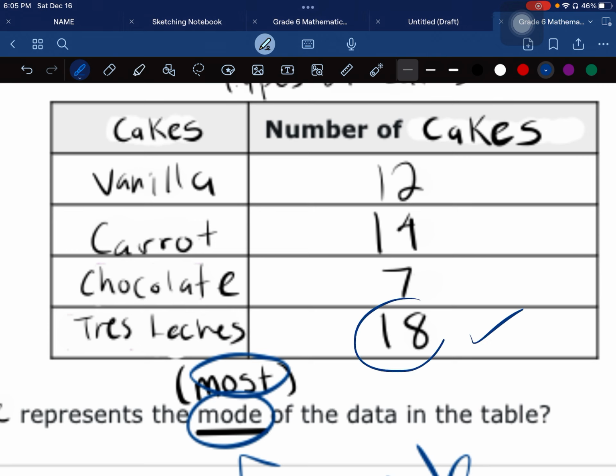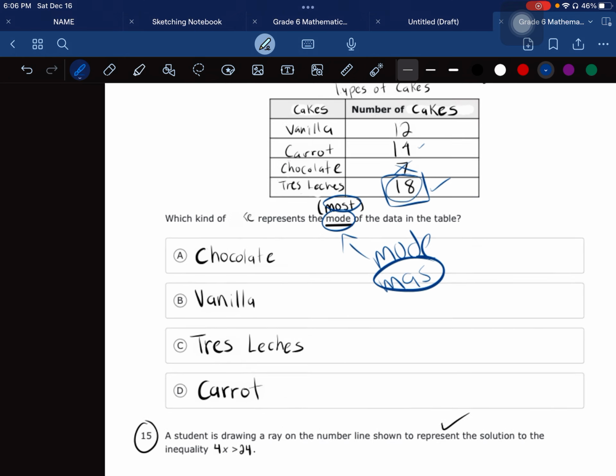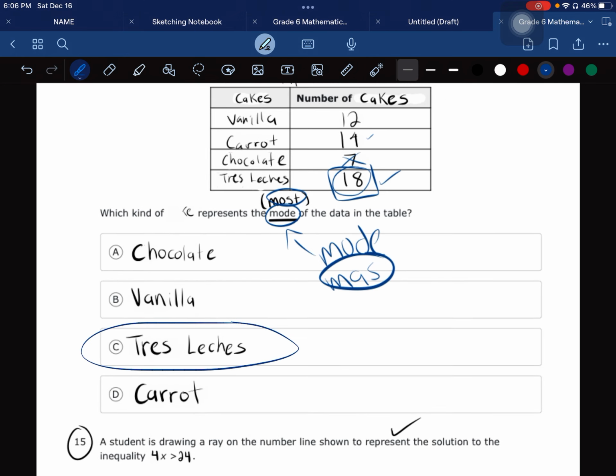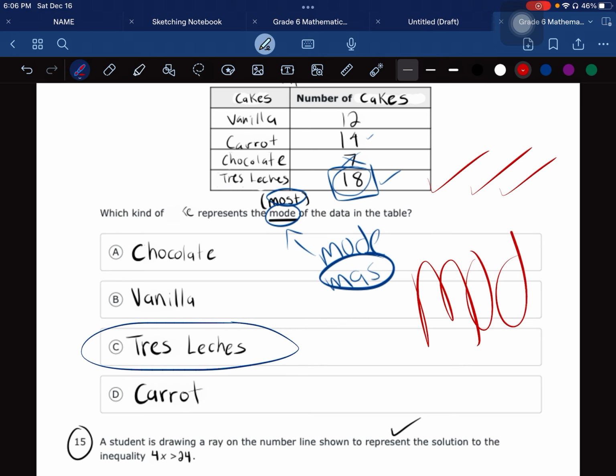Tres leches, obvio, porque es el más rico. El chocolate, el carrot no está mal. Vanilla is normal. But the biggest number is tres leches. So that's your answer. Simplemente el número más grande whenever you see the word mode. Are we good, chicos?